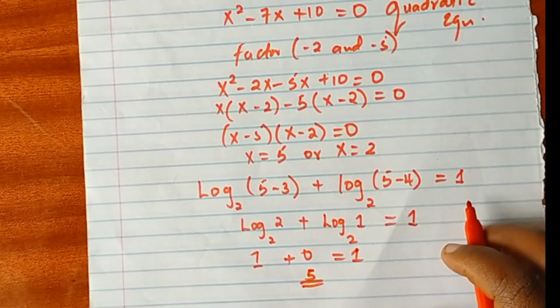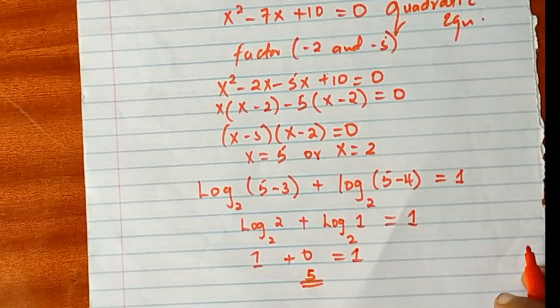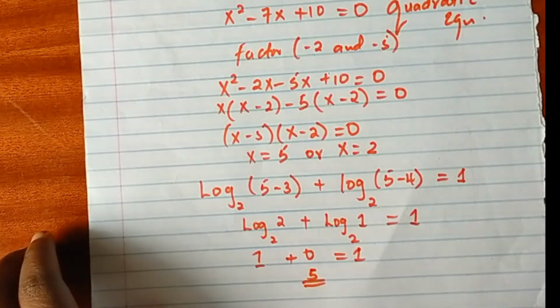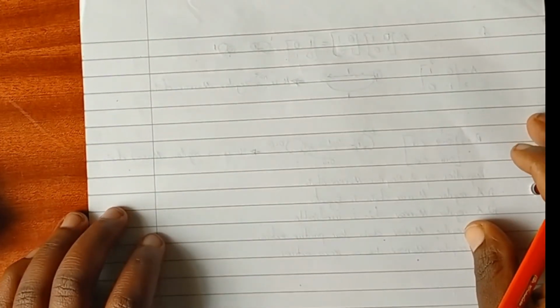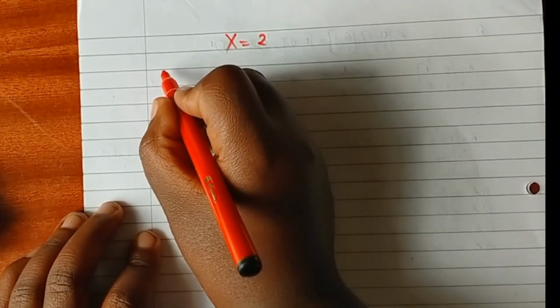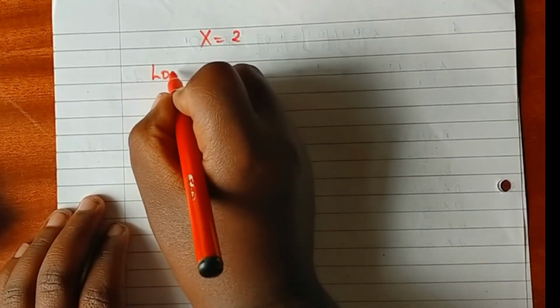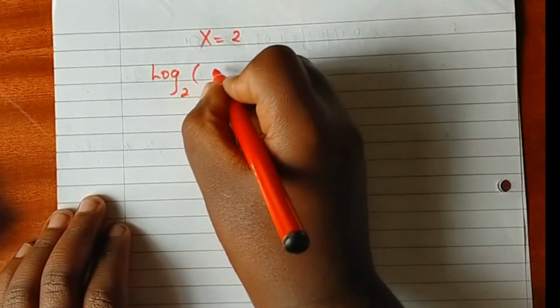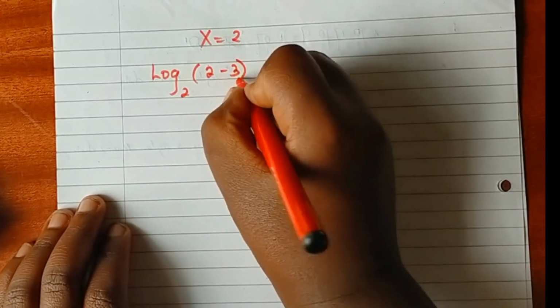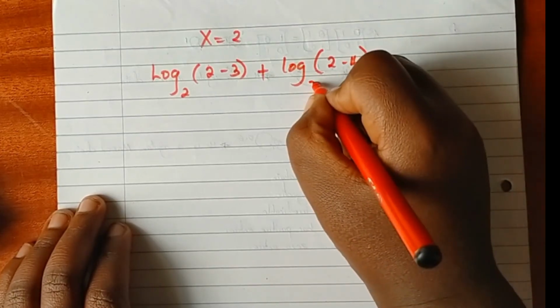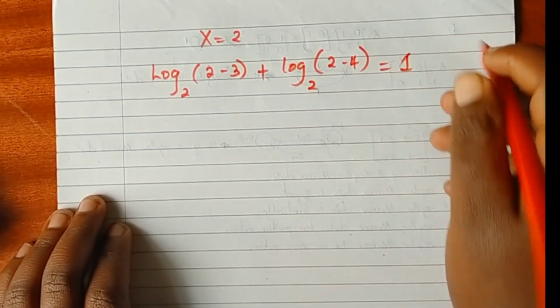Now let's check the other solution, which is x equal to 2. For the solution x equal to 2, we would have the log of (2 minus 3) plus log of (2 minus 4) to base 2 being equal to 1.